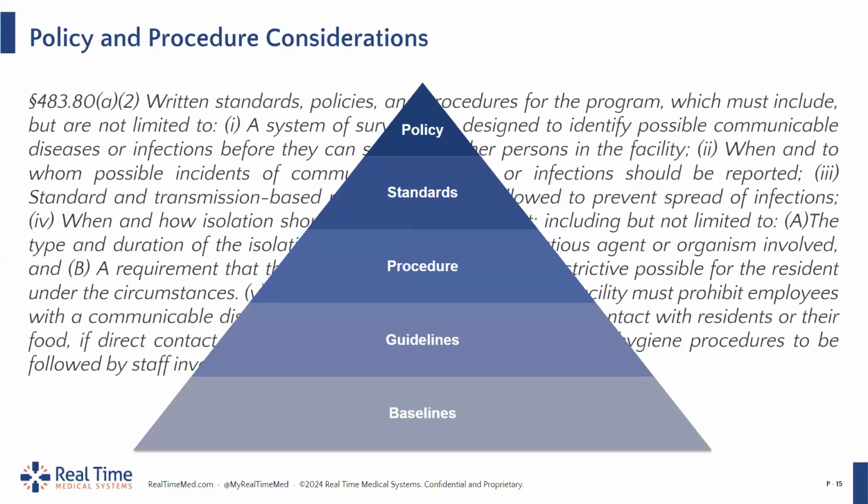And when you're doing your annual infection prevention and control plan trainings with your team members and even your survey readiness trainings, make sure that that's part of it, that everybody knows, hey, we have separate binders for our infection prevention and control policies and procedures, and you need to make sure that you know where they are. So make sure that that's something that we're teaching everyone in place as well.